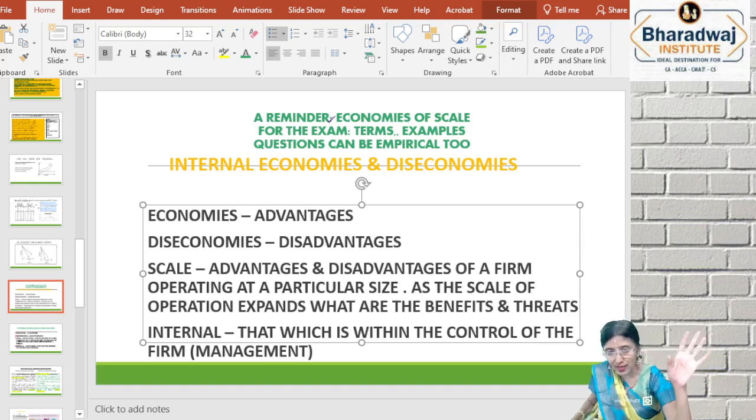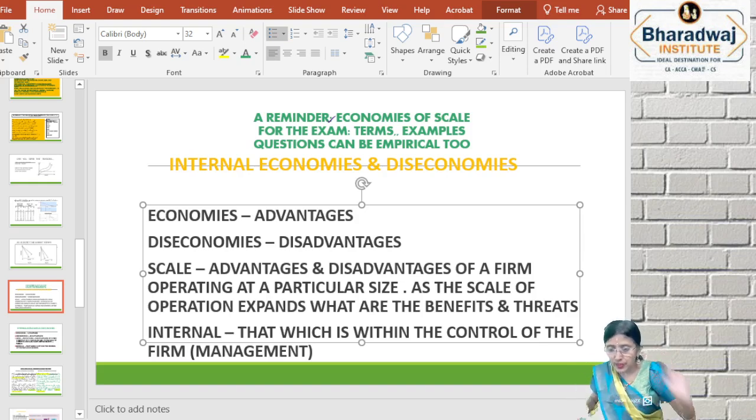That is what we are discussing under this. Specifically, merits mean economies and disadvantages mean diseconomies. And remember, under laws of production we studied scale as all the inputs put together. Returns to scale was one of the laws, where scale meant all inputs put together. Here, scale is the size of the firm, with reference to large size.